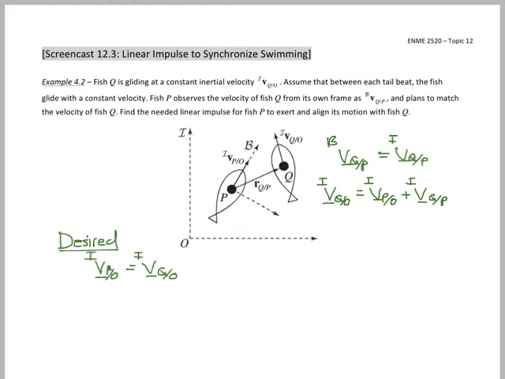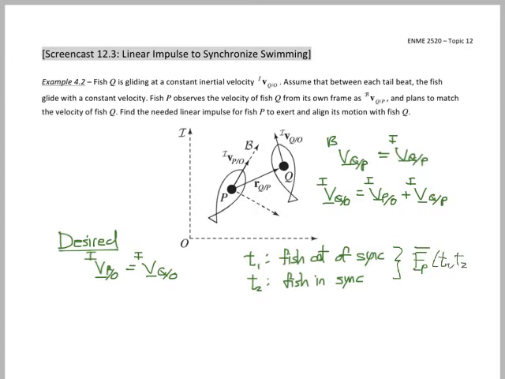So if we consider this problem as between a time 1 and time 2, time 1 in which the fish are out of sync and then time 2 in which they are in sync, then what makes that change is an impulse, so F_P from time 1 to time 2. And so now we're set up perfectly for the linear momentum impulse problem, in which we have the mass of P multiplied times the velocity of P with respect to O as observed in the inertial reference frame.